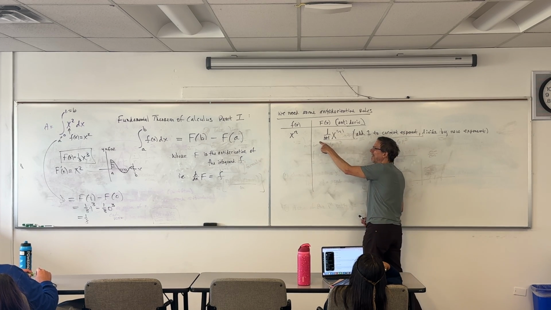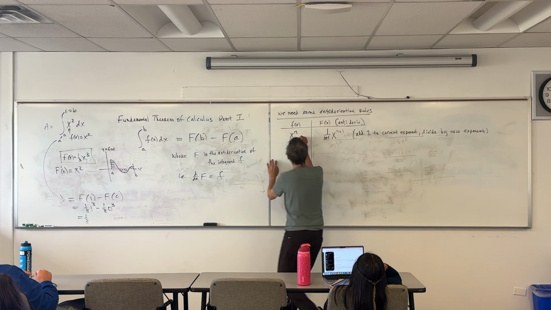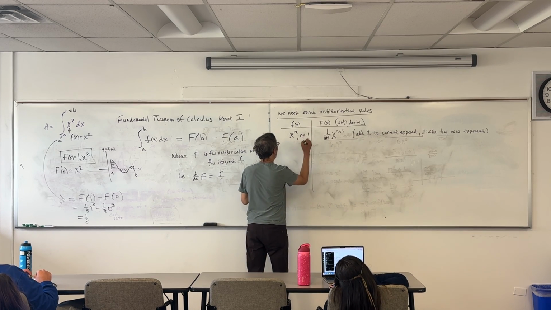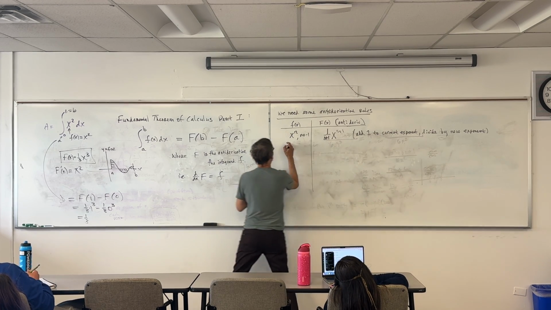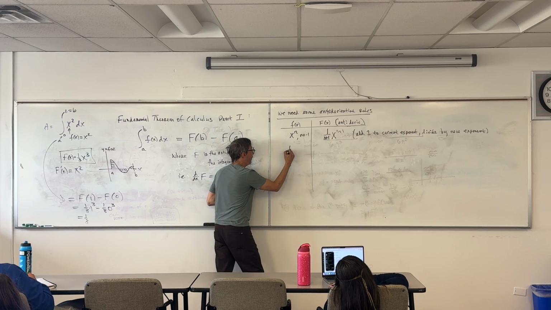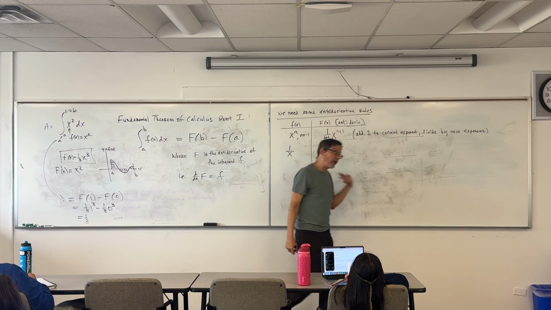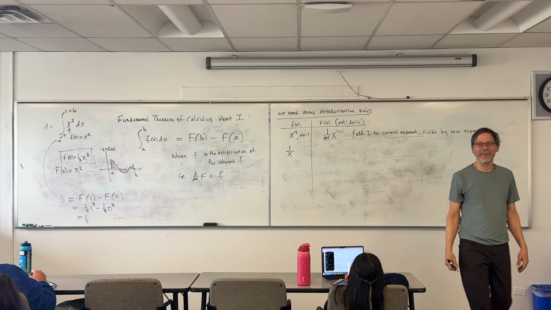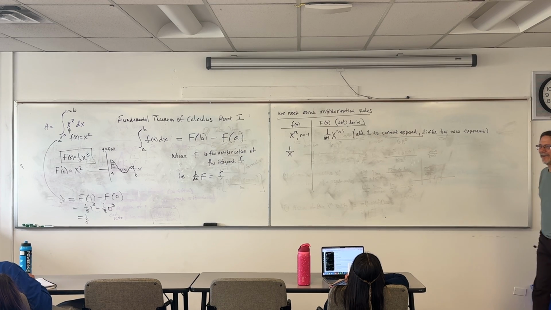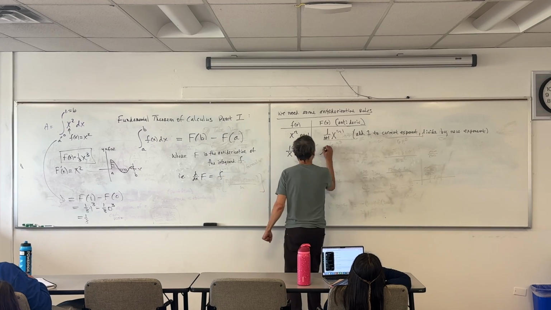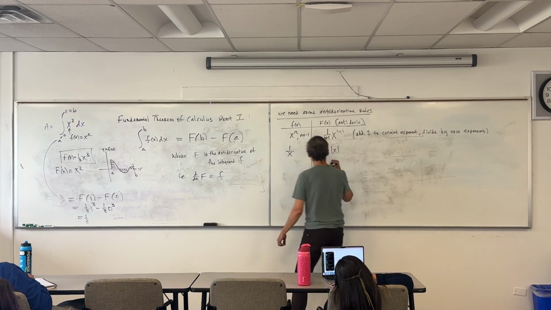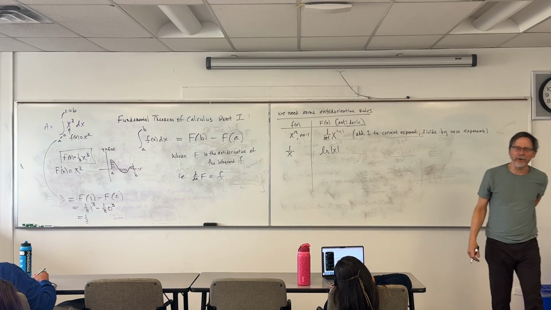So this works as long as n is not -1. In other words, this doesn't work for 1 over x. So 1 over x has its own rule. Whose derivative is 1 over x? Natural log, yes! Natural log, and we put absolute value on it. Yes, beautiful.